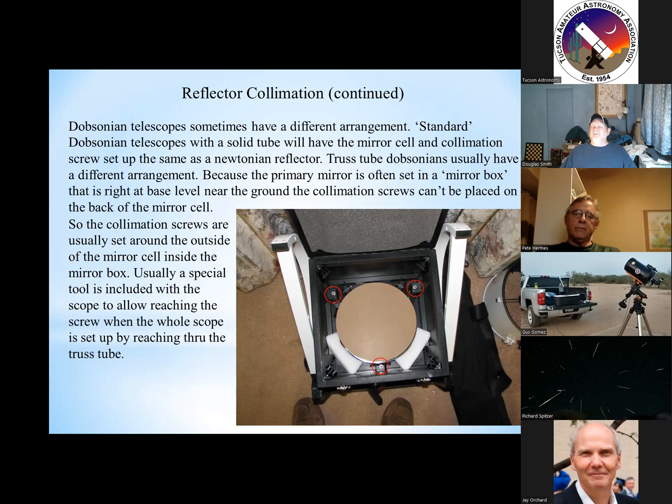I know that those laser collimators or those collimation eyepieces will probably give you a more accurate collimation than you would get just by star testing. But I honestly think you can do a pretty good job with star testing.